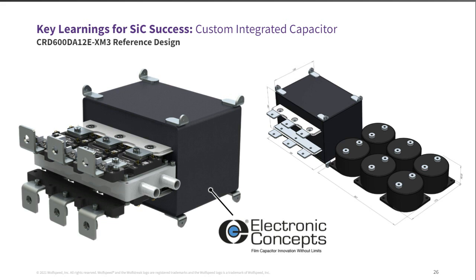Otherwise, you would have to put all 6 XM3 power modules laterally, which would not really take advantage of the power density that could be achieved. So we went with an integrated approach with the integrated busing that comes out and connects directly into that dual power core of the modules.